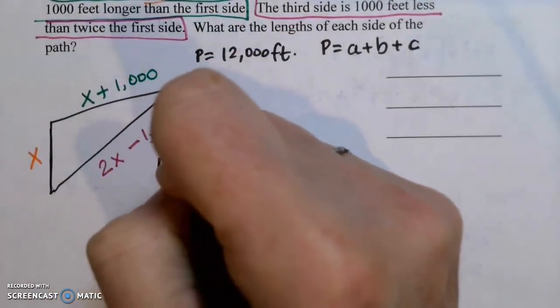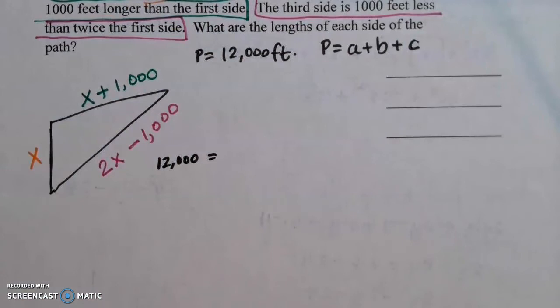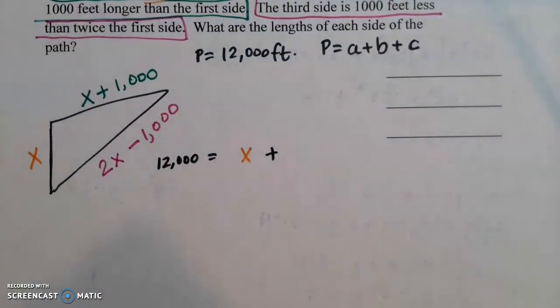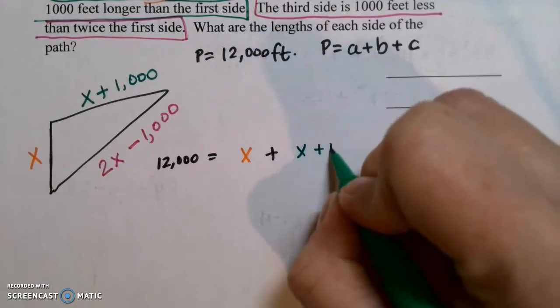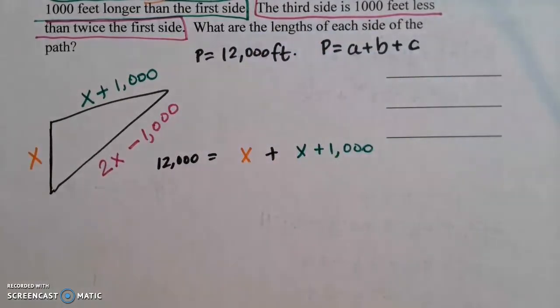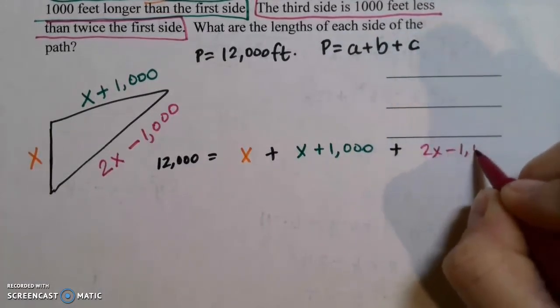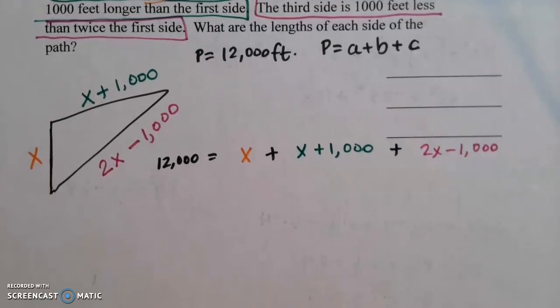All right, so then we've got 12,000 equals, and then we're going to have X for the first side, and then X plus 1,000 for the next side, and then 2x minus 1,000 for the third side.